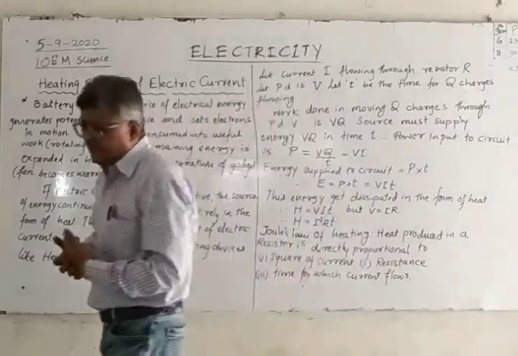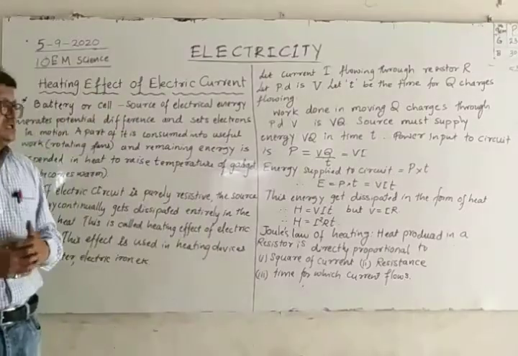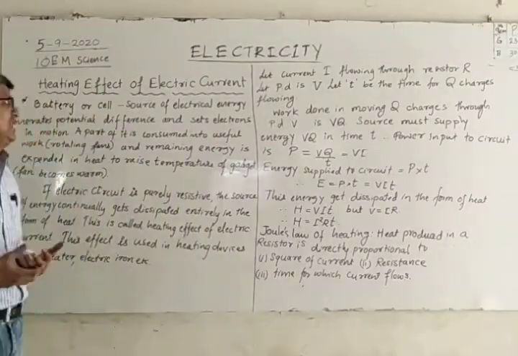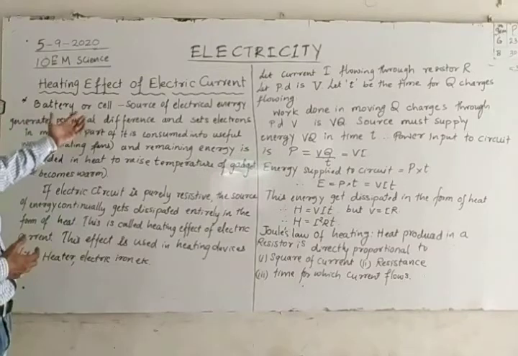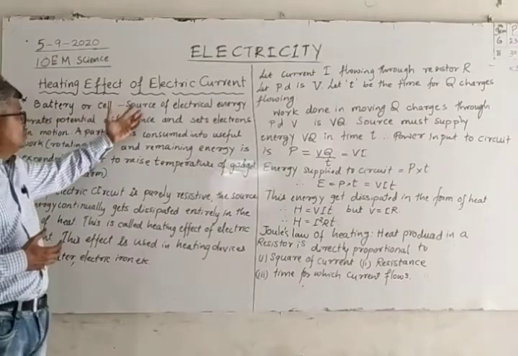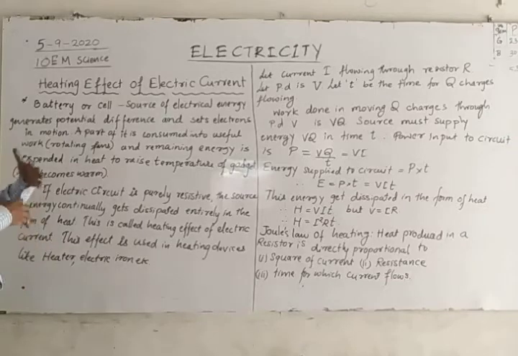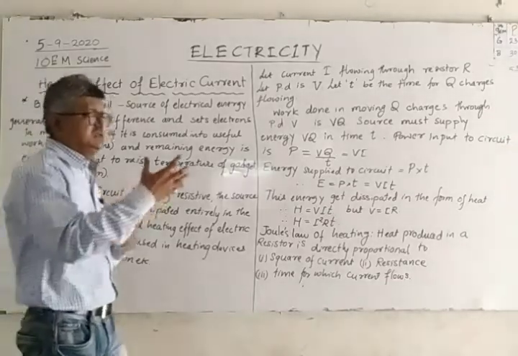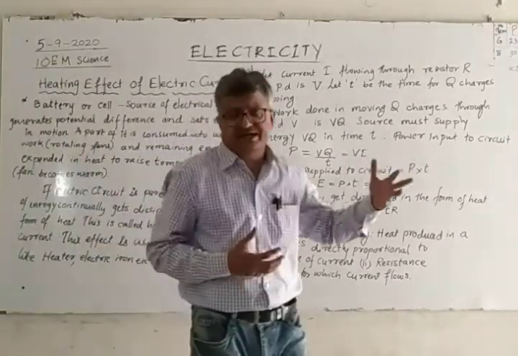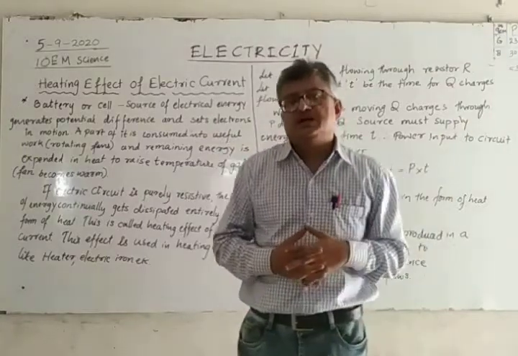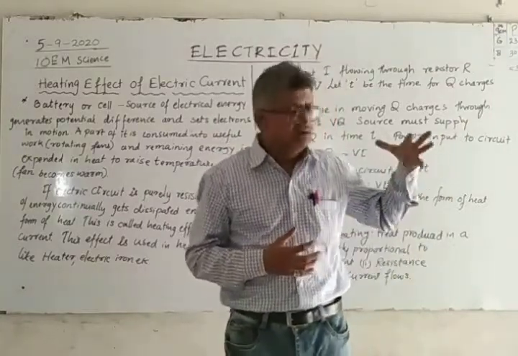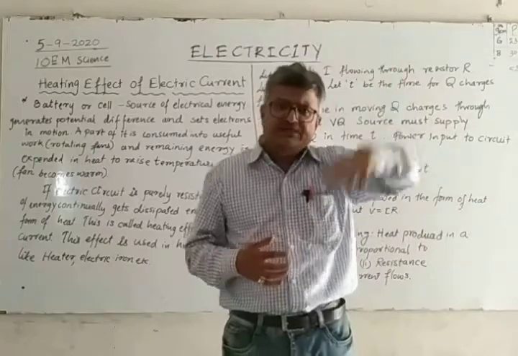We supply electrical energy with the help of a battery or cell. A battery or cell is a source of electrical energy. Electrical generators are also sources, and in our homes electricity comes from power stations.